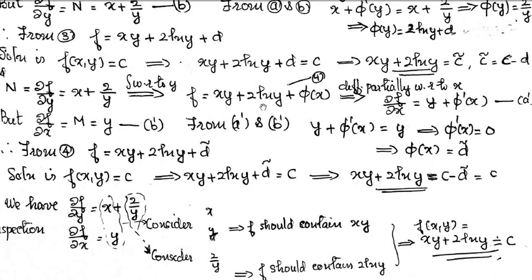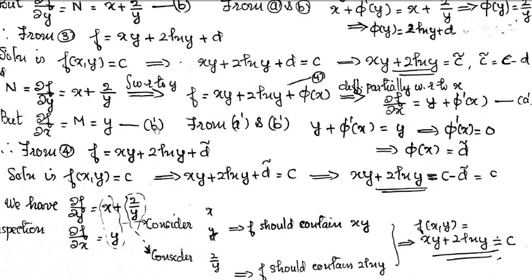Now, ∂f/∂x, differentiating with respect to x, we get y, the second term is a function of y, so it is 0, plus phi dash x. We took it as equation A dash, but from the question we know that ∂f/∂x is M, and in the question it is y.